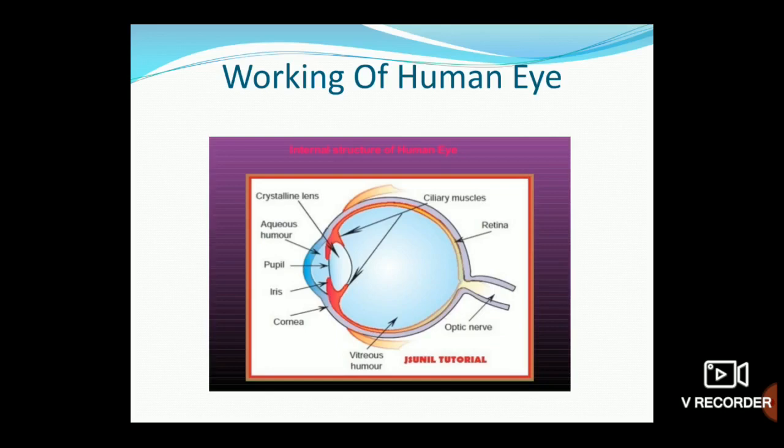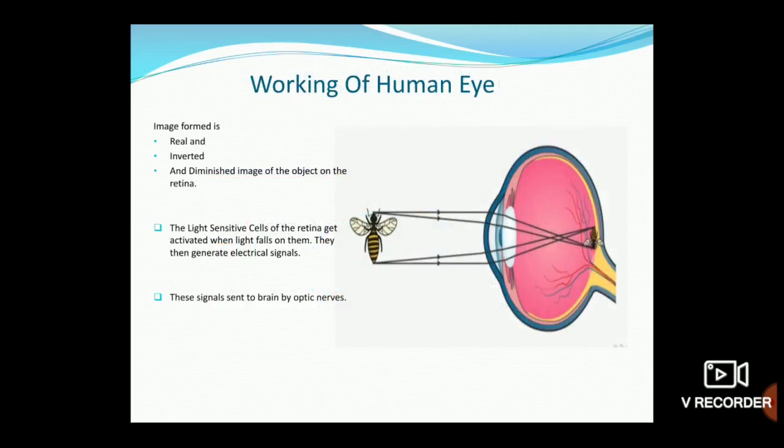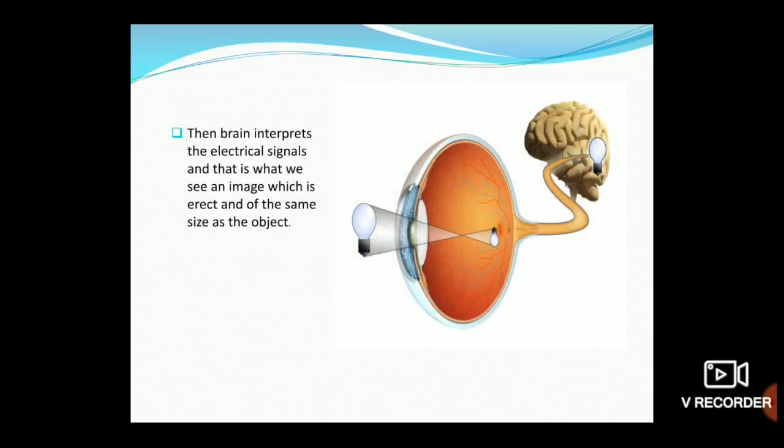The eye lens forms a real inverted image of the object on the retina. The light sensitive cells in the retina then produce electrical signals which are carried by the optic nerves to the brain. The brain processes the information and sends the message to the eye, and then we see the object.